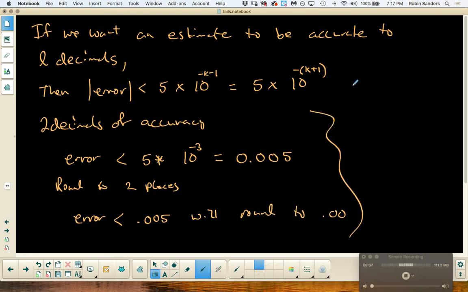As a quick example, if my error were 0.0043, when I round that to 2 decimal places, that's 0.00. But if my error is something like 0.0054, that's not quite small enough because to 2 decimal places that winds up being 0.01.